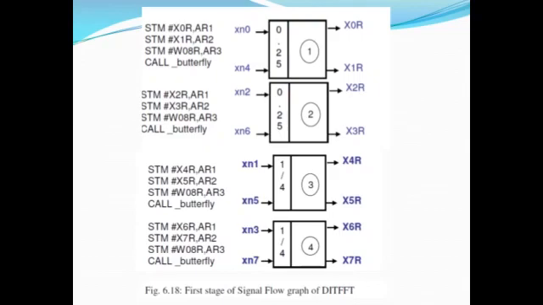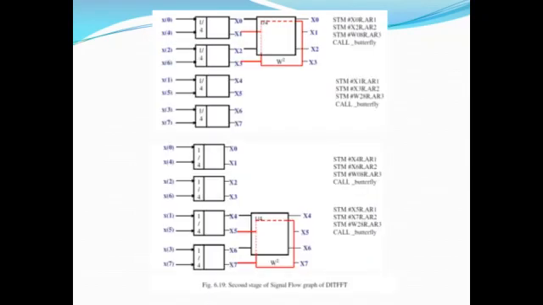Then if I go with the symbolic part of the second stage, x0 and x2 are the inputs now, producing x0 and x2 as the output. So this is a program we write to perform the symbolic part of the second stage of the butterfly diagram, which is used for DIT FFT.